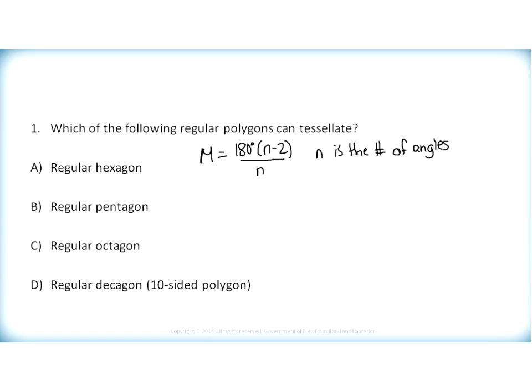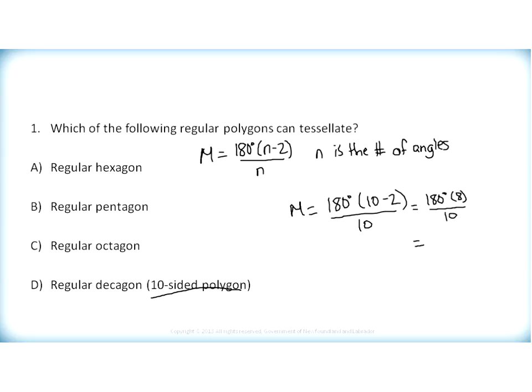So I'm going to look at the decagon. That's the 10-sided polygon. So the measure of the angles is 180 degrees times (10 minus 2), because n in this case is going to be 10, all divided by 10. So that's equal to 180 degrees times 8 divided by 10.